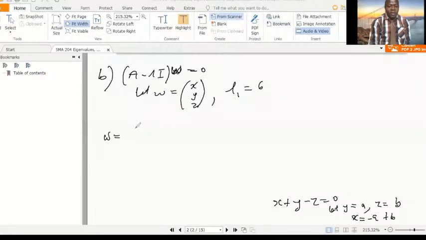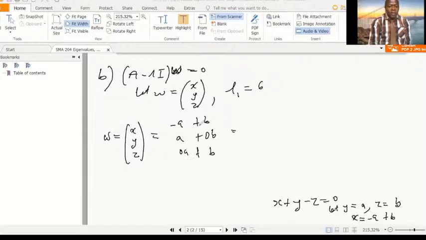We've just noticed that x is negative a plus b. And y is a, you can say plus 0b. And then z was in fact b, you can say plus 0.